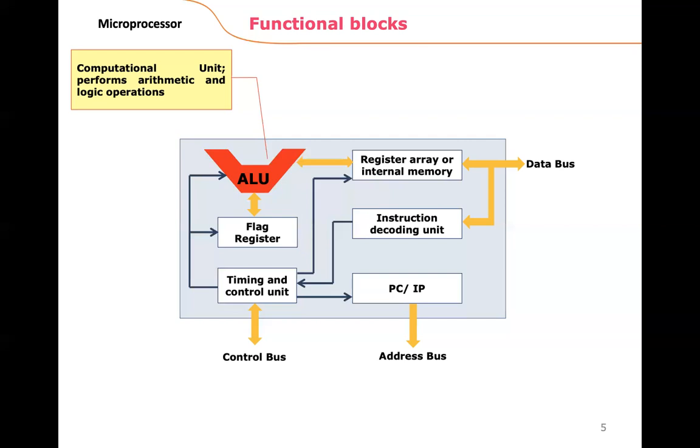Microprocessor mainly has three parts. One name is ALU. In Bengali, alu is the potato. Just a joke. Another is kochu, like you know that Bengali vegetable kochu.